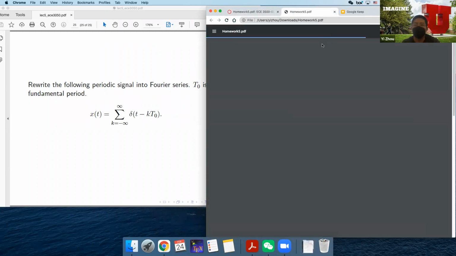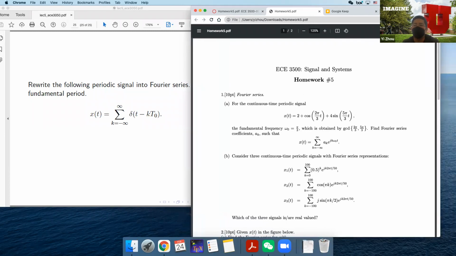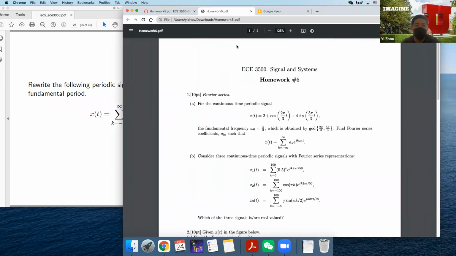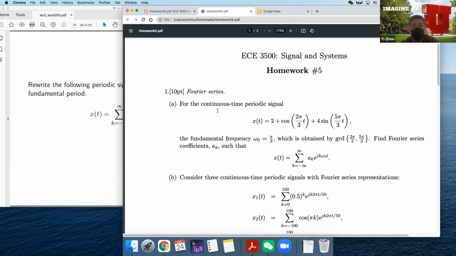Let's briefly look at homework 5. Quick comments on these problems.